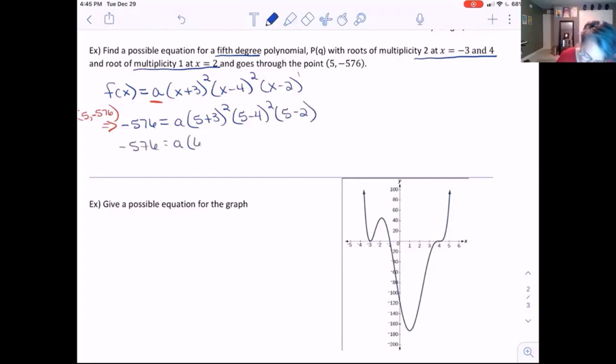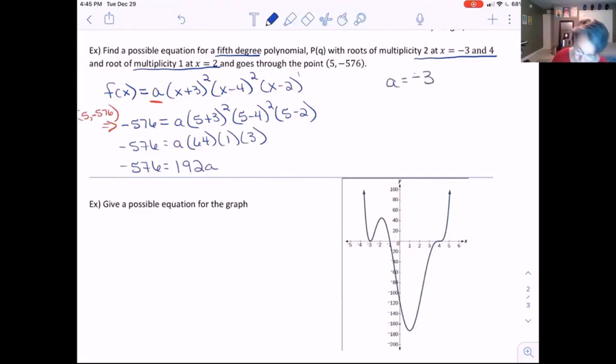So 8 squared is 64. 1 squared is 1. 5 minus 2 is 3. Equals 192 times a. So that means when we divide by 192, we get a to be negative 3.